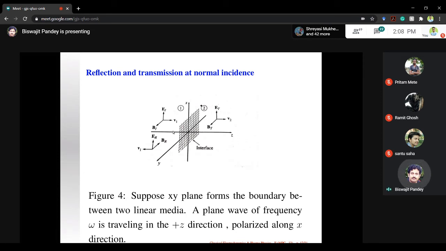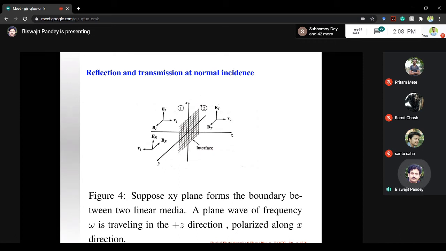In any case, the plane wave nature will be there, and the frequency of the electromagnetic wave will not change. I mean, the incoming wave, the reflected wave and the transmitted wave, all of them will have the same frequency. Why? Because you see, the speed is different, right? So if the wavelength is different and the frequency is the same, the speed is going to be different, because speed is a combination of frequency and wavelength.